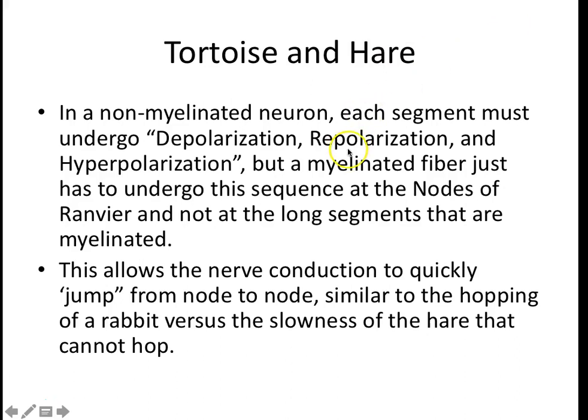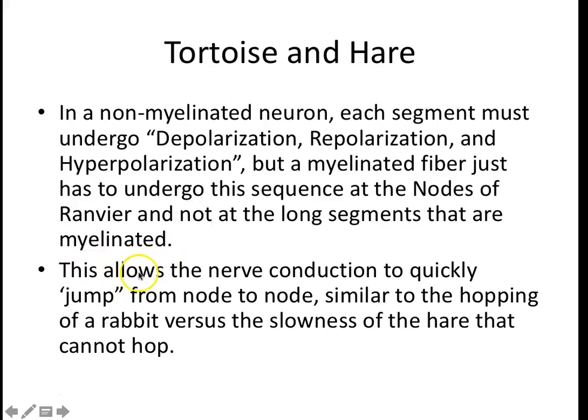So a myelinated white fiber, white matter, just has to undergo the sequence at the nodes of Ranvier and not the long segments that are myelinated. So gray matter, 50 miles an hour, myelinated white matter, 270 miles per hour. Big difference.